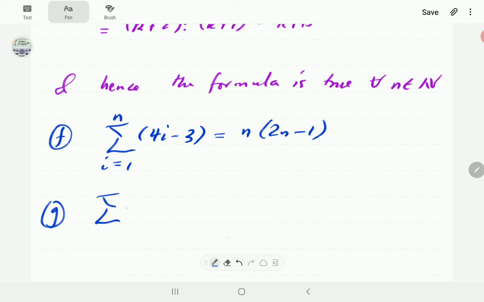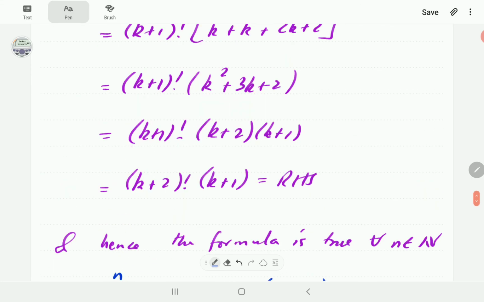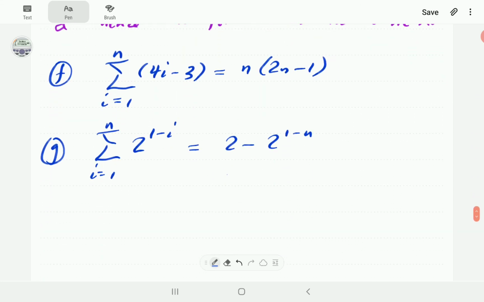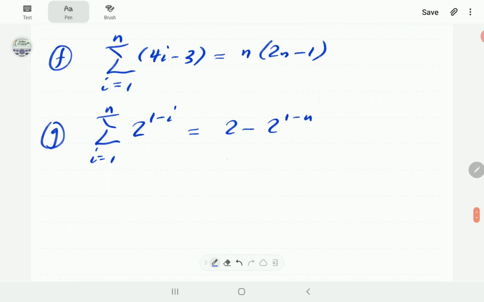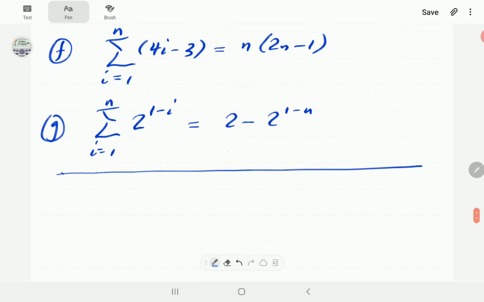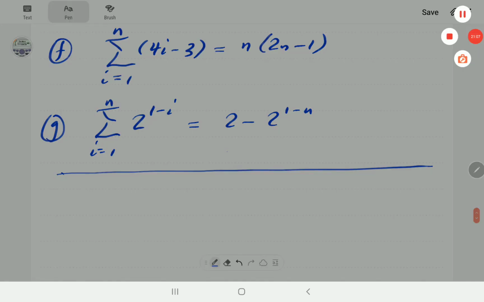Then summation of 2 to the power 1 minus i from i equals 1 to not infinity but n, this is equal to 2 minus 2 to the power 1 minus n. So just try out these two. Pause the video, then afterwards you can compare with our answers.